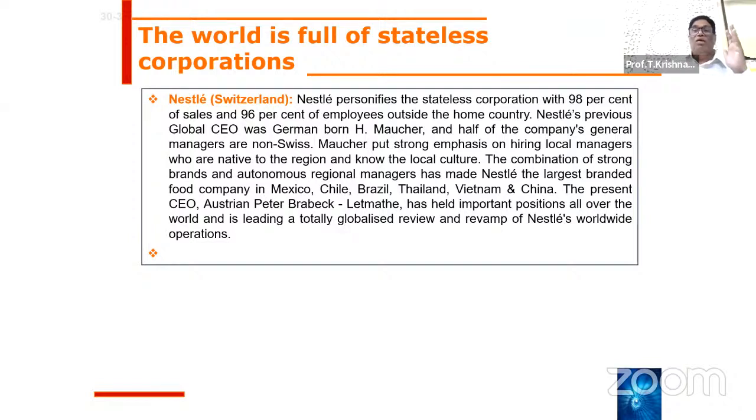When you talk about international environment, international organizations, international HRM, these things we are reminded. Nestle's previous global CEO was German born Mascher, and half of the company's general managers are non Swiss. Mascher put strong emphasis on hiring local managers who are native to the region and know the local culture.